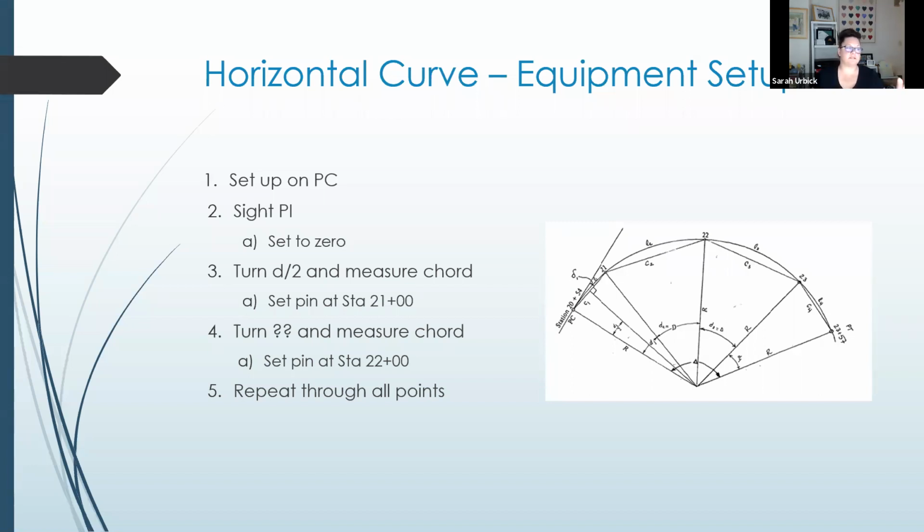Tricky part comes, we're going to stay set up on our point of curvature, but now we're going to try and find station 22. So we know station 21 is 6.9 divided by 2. How much further do we turn to get to station 22?